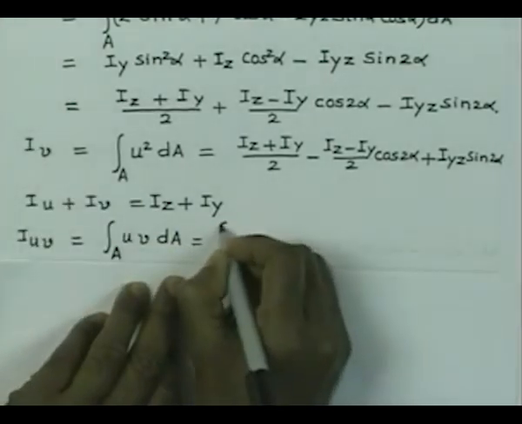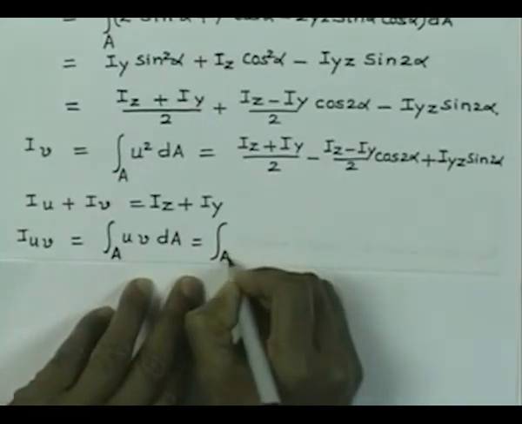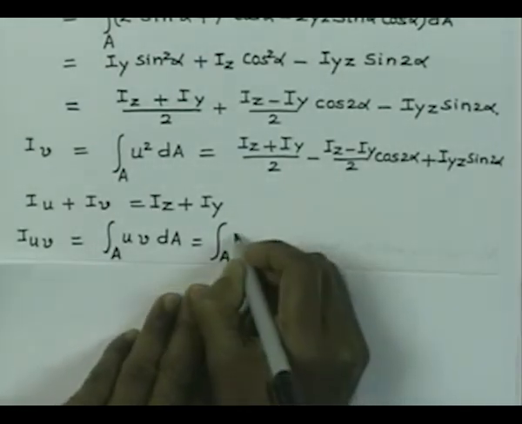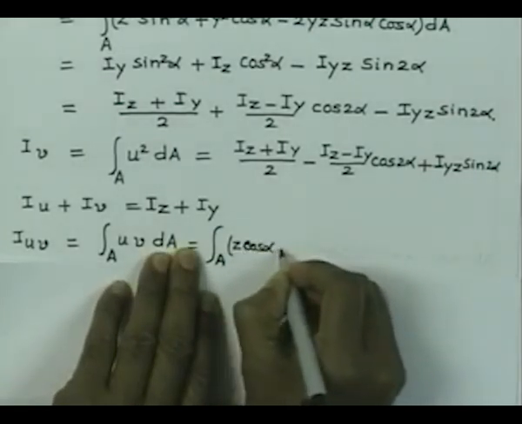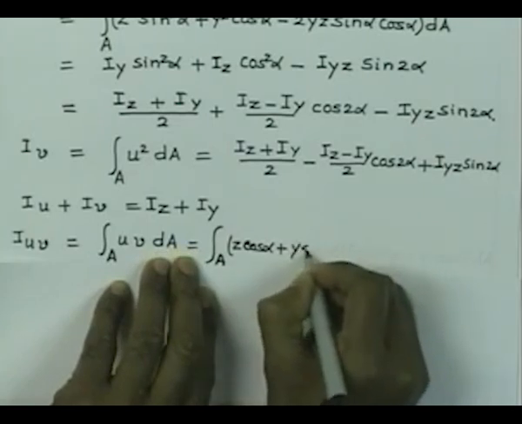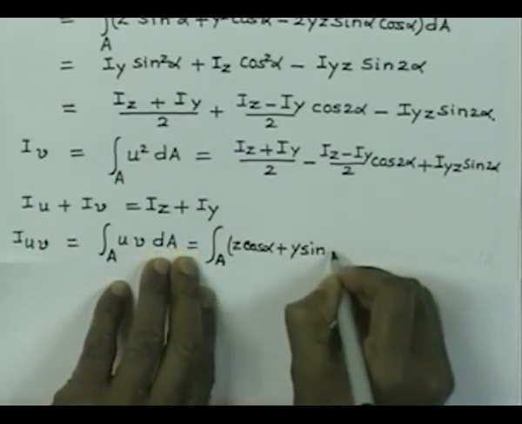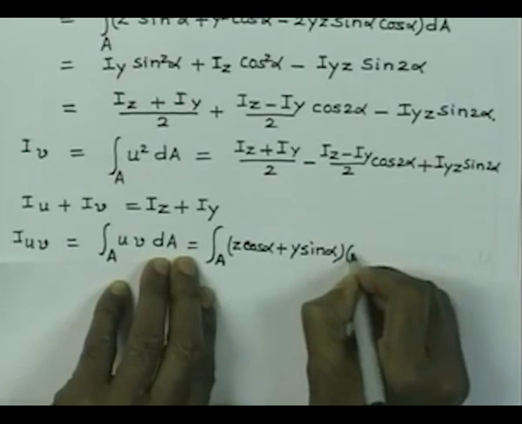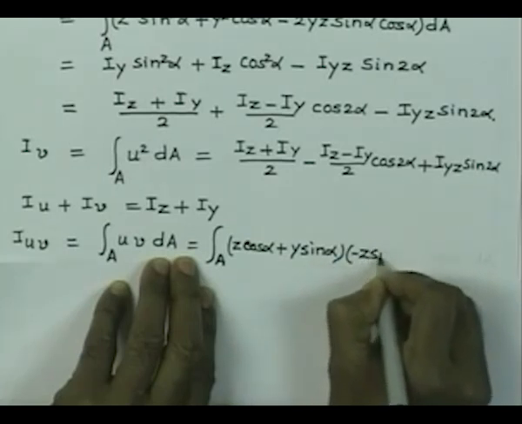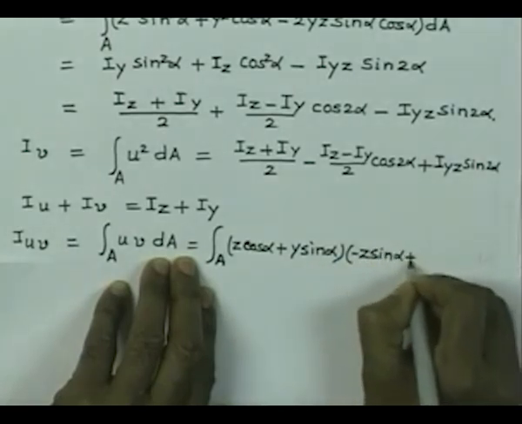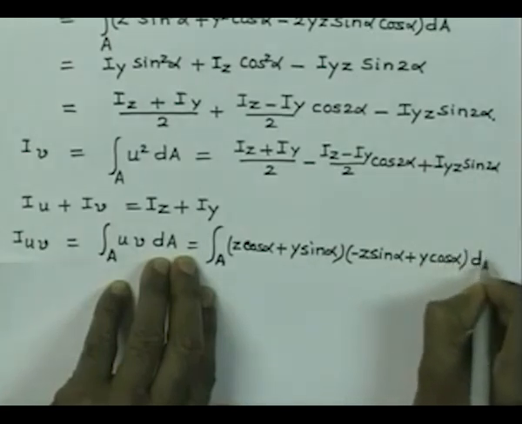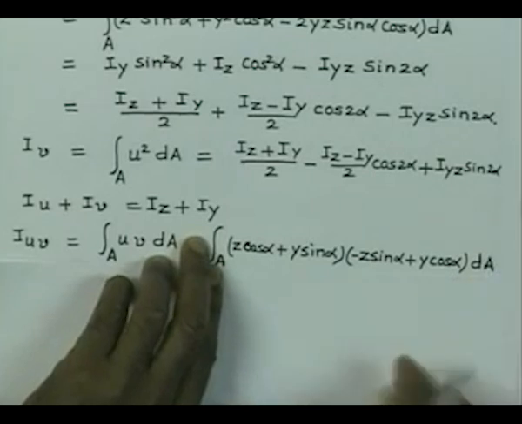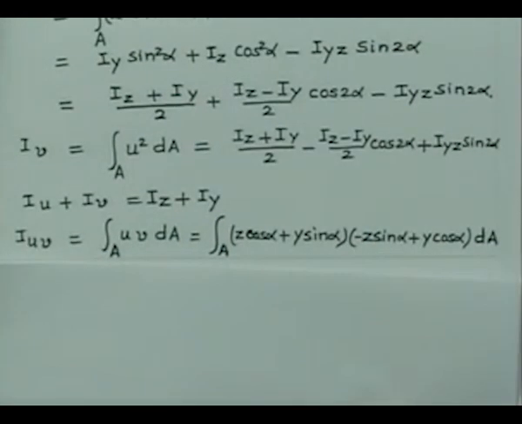On substitution of the values of u and v, this is (z cos alpha plus y sin alpha) times (minus z sin alpha plus y cosine alpha) dA. So that is the product moment of inertia.